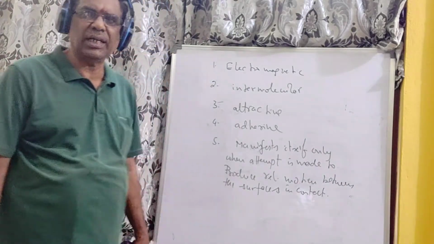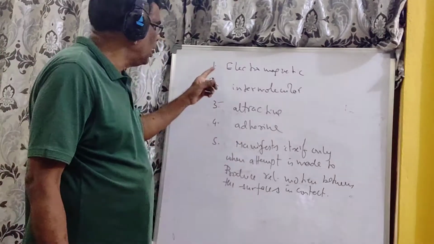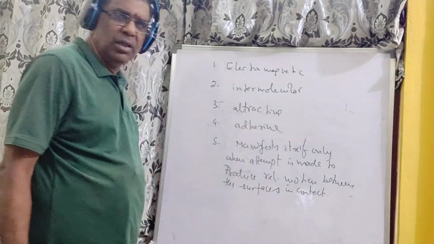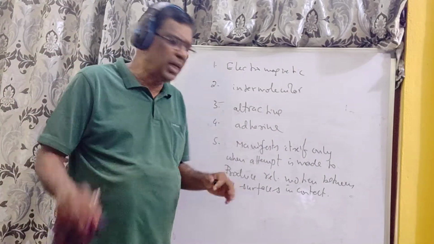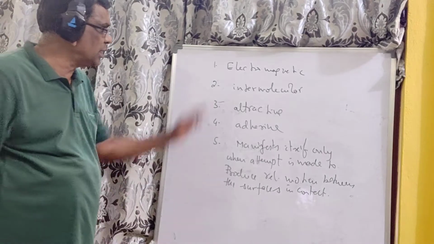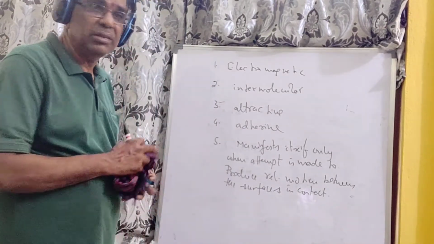This is very crucial, and I want you to make a detailed note of this. Electromagnetic force, intermolecular force, attractive force, adhesive force, it will not be present all the time, it will appear only when you try to do something there. That is about friction. I said it's a real force, right?